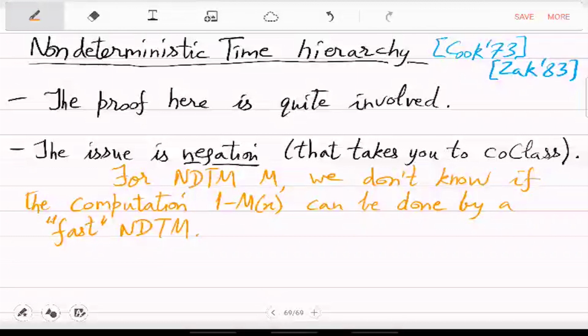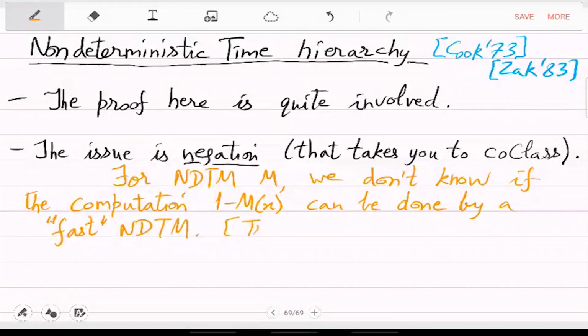Fast meaning up to log factors, up to polynomial blow up, whatever, because trivially, if you just negate, then there is an exponential blow up, because of the number of non-deterministic bits. So trivial is exponential blow up. Right, so this type of a non-deterministic time hierarchy will, from F(n), directly jump to 2 raised to F(n).